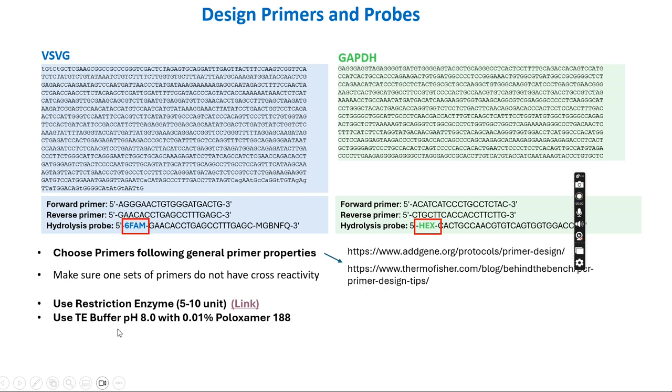Another big thing, I always recommend using Poloxamer 188, but you must make sure that you do not use more than 0.01%. You should use a very low concentration of Poloxamer.